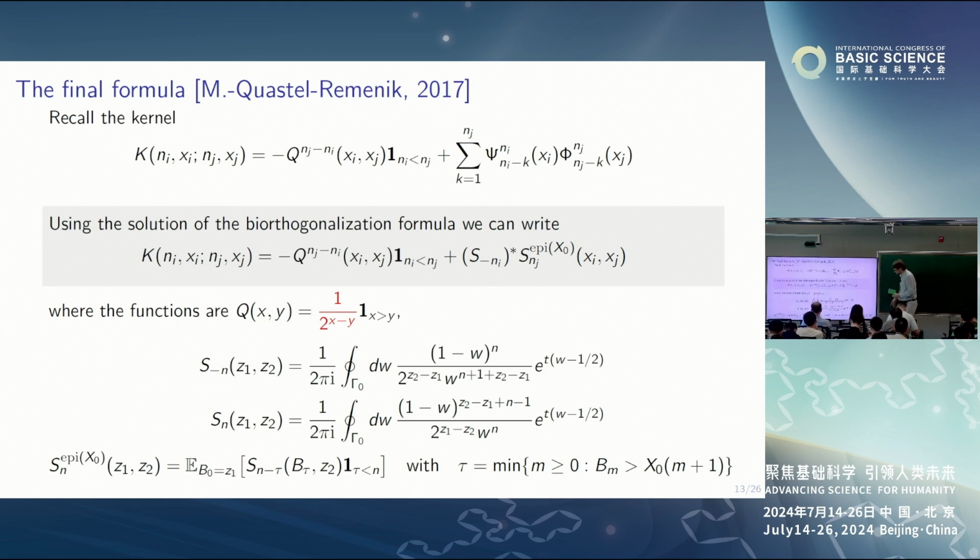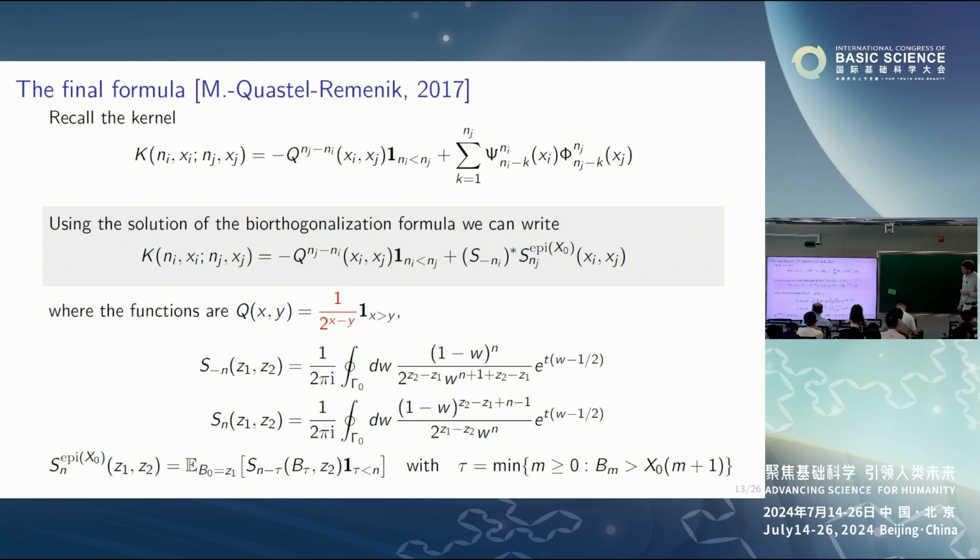In other words, we look at the stopping time tau, which is the first hitting time of the curve x0. And then the function s inside this expectation is evaluated at this hitting time and the location of the random walk at this hitting time.